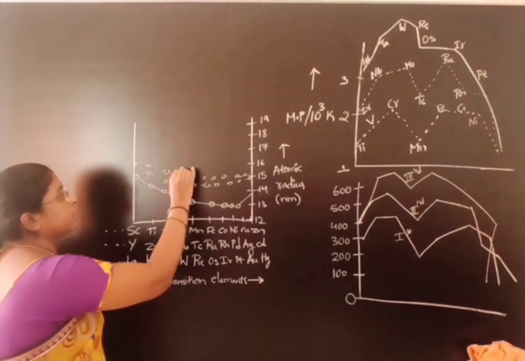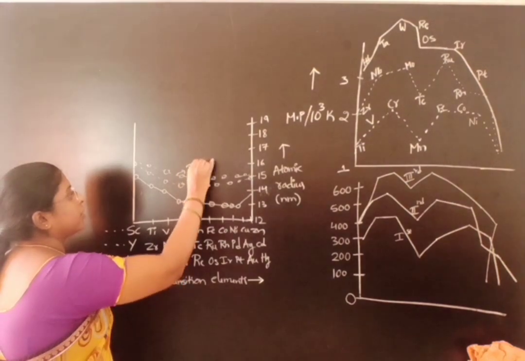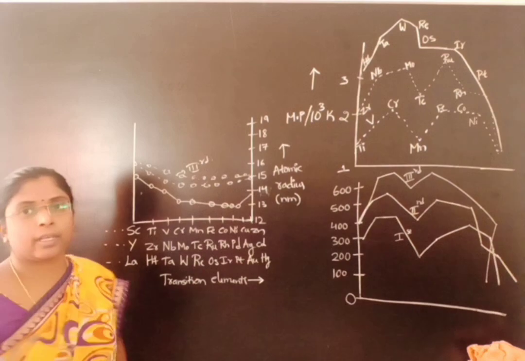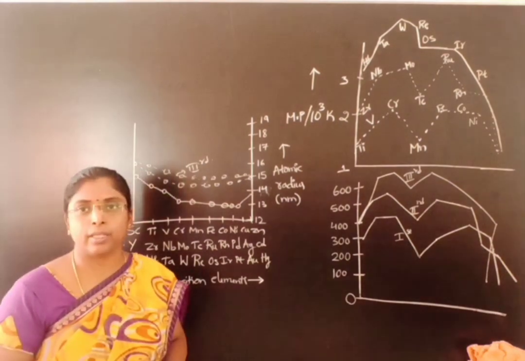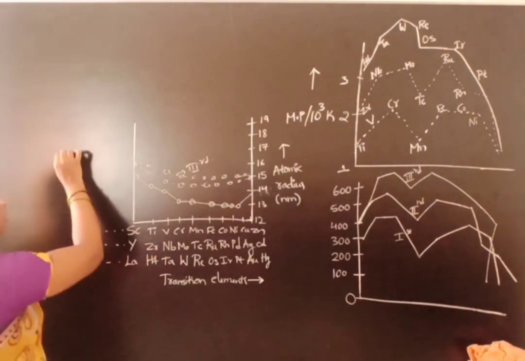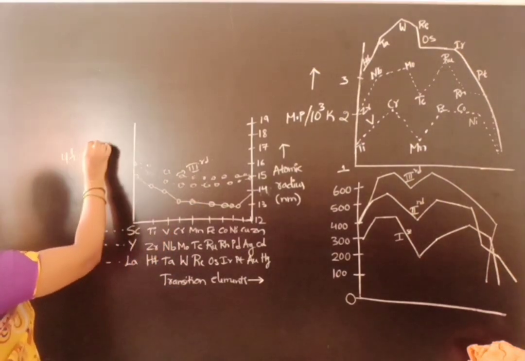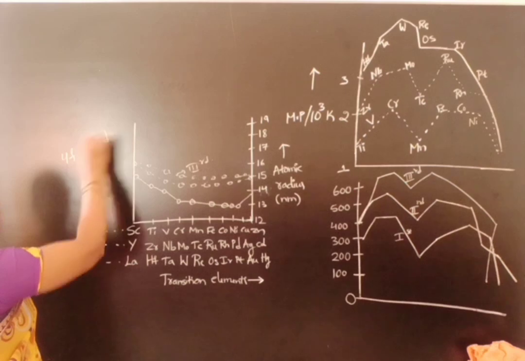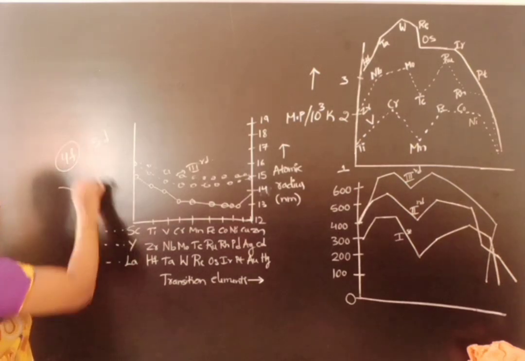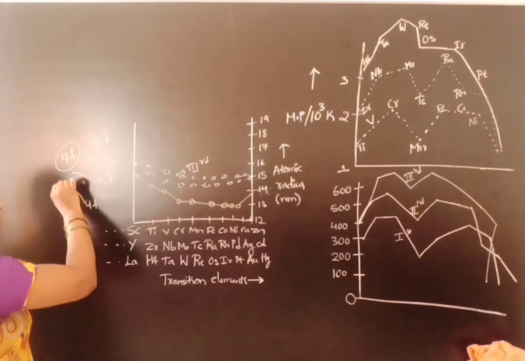Since the third series undergoes lanthanide contraction, the second as well as third series have similar atomic as well as ionic radius. In this lanthanide contraction, the 4f orbitals are filled first, before the 5d orbitals.